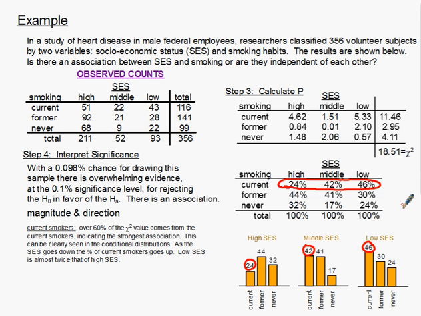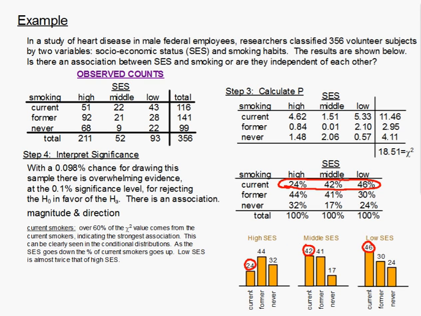In terms of magnitude, low socioeconomic status is almost twice that of high socioeconomic status. 46 is almost twice 24, just a little bit less than twice. So I have direction: as this goes down, this goes up. And I have magnitude: this is about twice that. So magnitude and direction for current smokers.